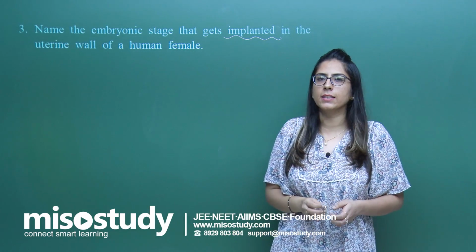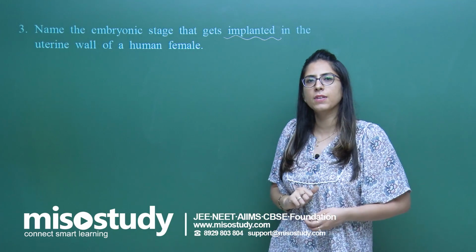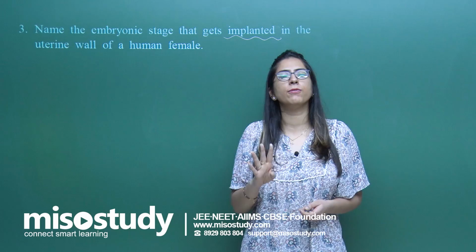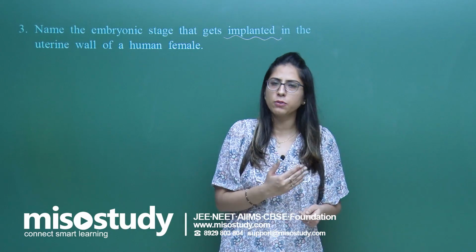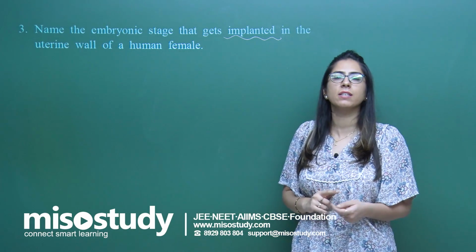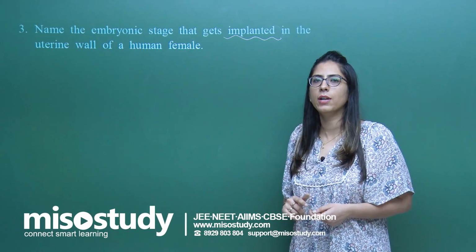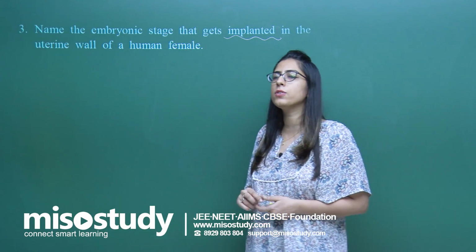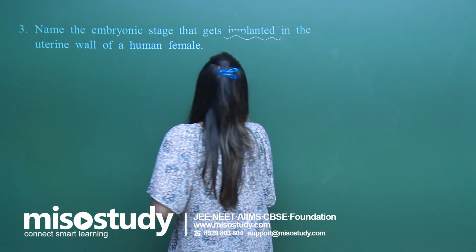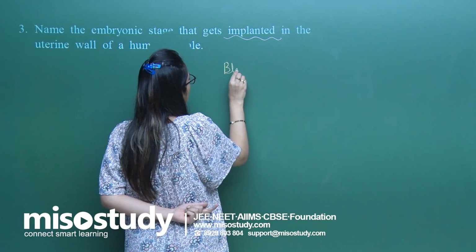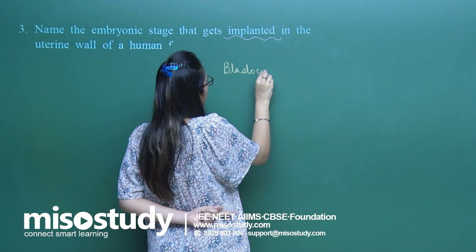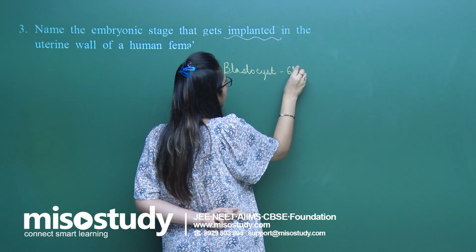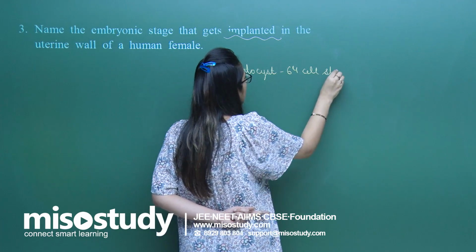We have already discussed that whenever fertilization happens, first there is the formation of a zygote. After that, there is the formation of a 2-cell stage, then a 4-cell stage, and later an 8 to 16 cell stage, which is called the morula. After that, there is the formation of a blastocyst, which is a 64 cell stage.